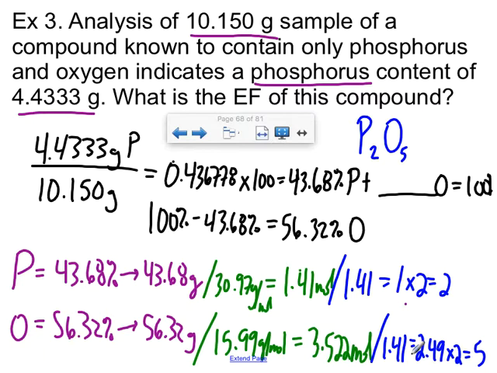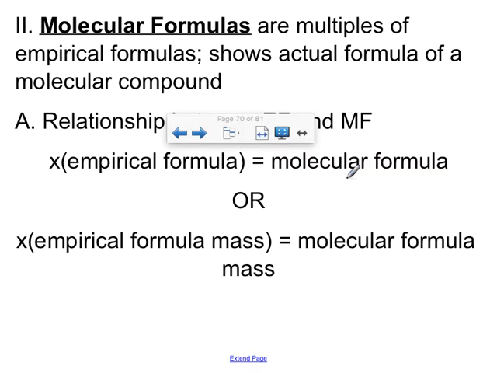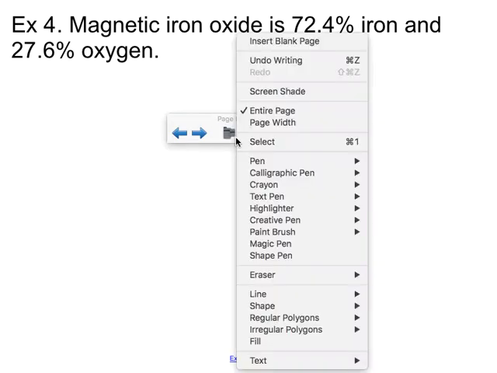All right, so there was a great example there where I was given mass and I had to get to percentage, and then I just jumped right into the 3 steps that we've been doing for these examples. All right, let's do one more, and then that's it for today. Magnetic iron oxide is 72.4% iron and 27.6% oxygen.